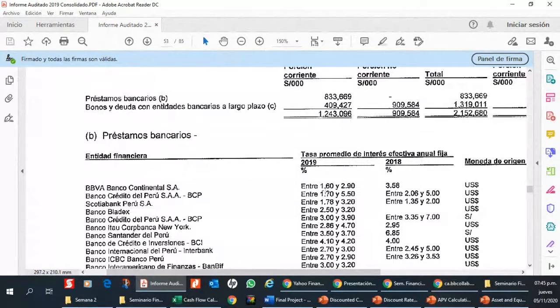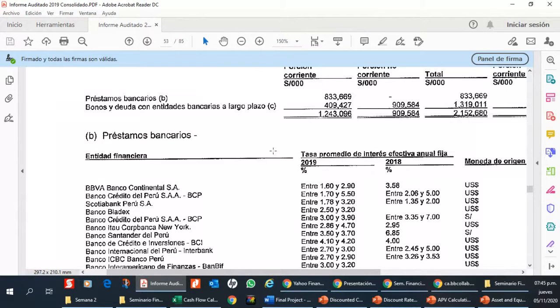When you have been evaluating bonds outside Peru, you probably have realized that most of them use simple interest rate: the interest rate multiplied by the number of days divided by 365, and you can figure out the rate. I already mentioned this when we were analyzing debt.